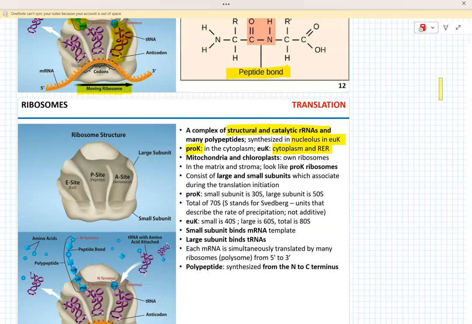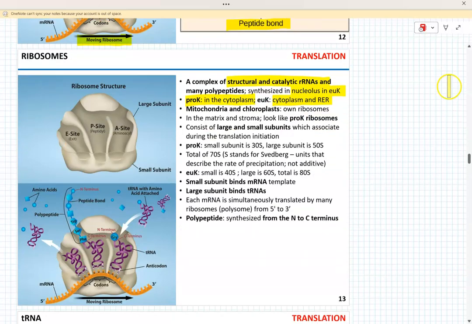In prokaryotes, though, ribosomes are located in the cytoplasm because prokaryotes lack membrane-bound organelles. Each ribosome consists of 2 subunits, the large and the small.